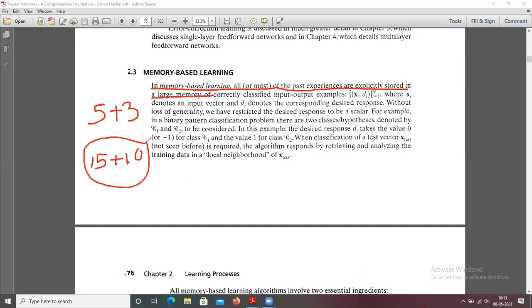So how does our brain do this? The brain simply compares the question with all the set of questions you have seen before and finds the one which is closest to this question. For example, you learned 5 plus 3, or otherwise the plus, minus, asterisk, slash, and percentage operations.